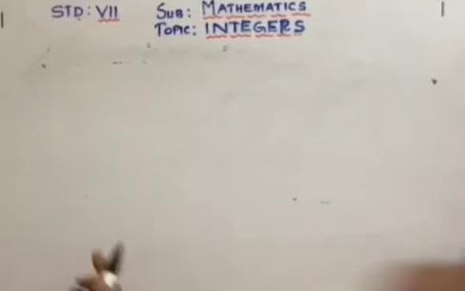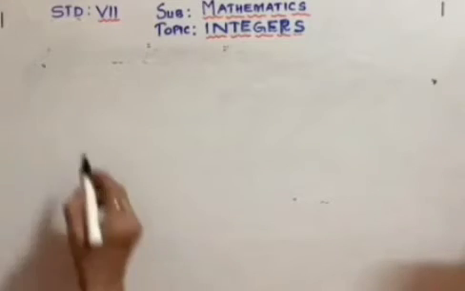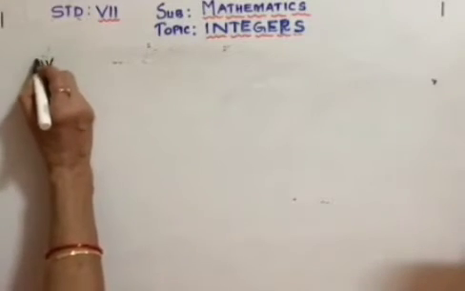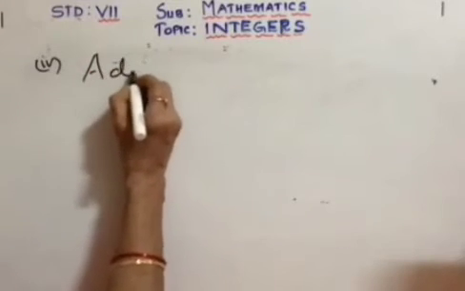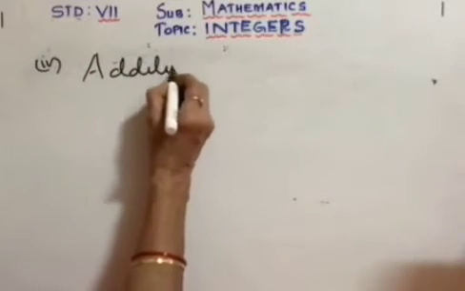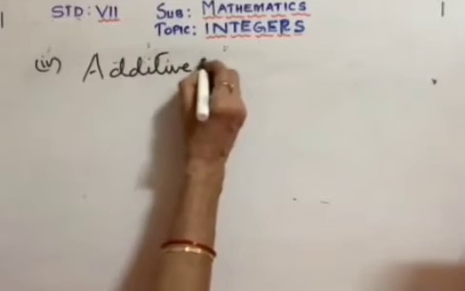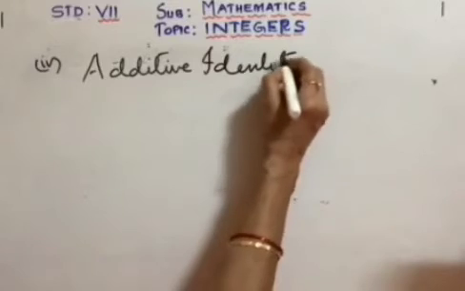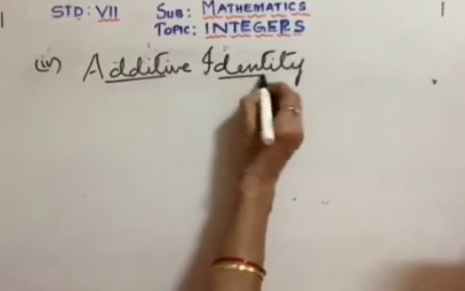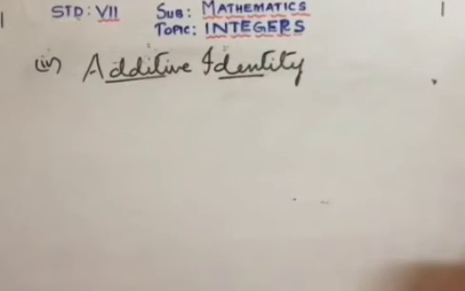Yes, associative property was the third one. Now the fourth one is additive identity. Children, I hope all of you have recalled what additive identity is.